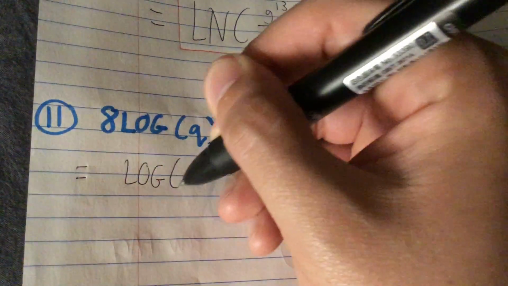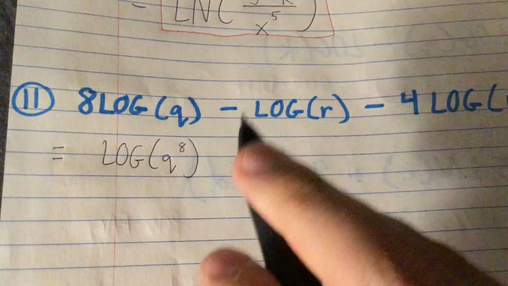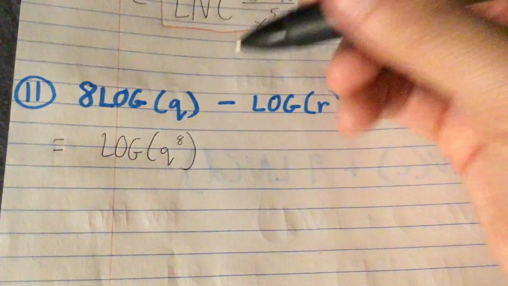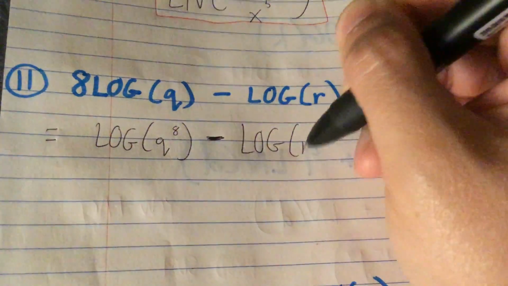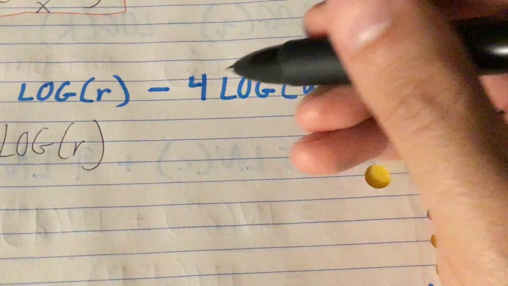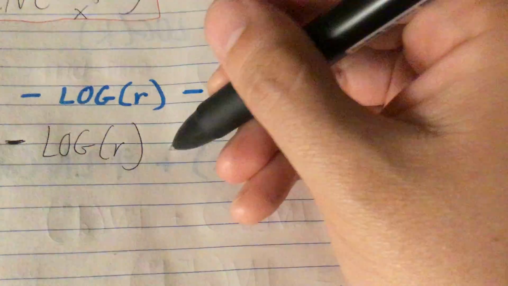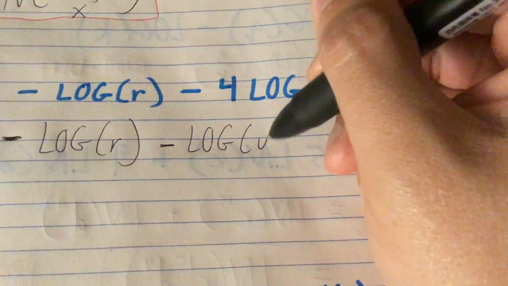Log of q to the 8th. There's no factor out in front. I mean, I suppose you could put a 1, make that r to the 1st, but you know what? We could just leave this as minus log of r, okay? So far, so good. And then that 4 factored out in front of the logarithm meant that this is part of the exponent for u. So this becomes minus log of u to the 4th.